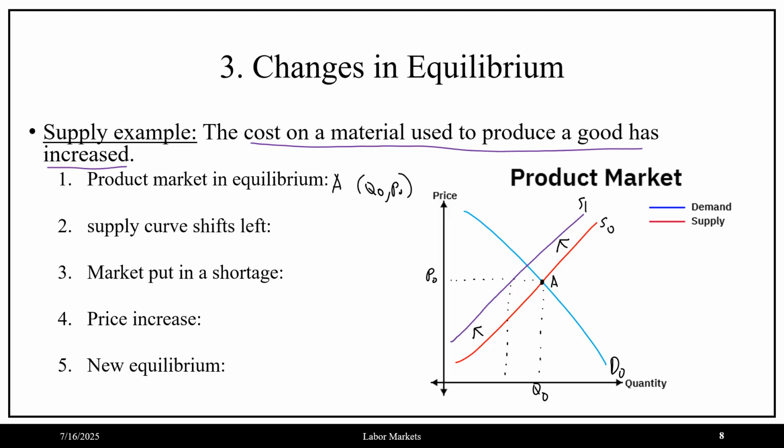So this is going to result in a shortage. With a shortage, this gives businesses an incentive to raise their prices. So they are going to raise their prices from P0 to P1.